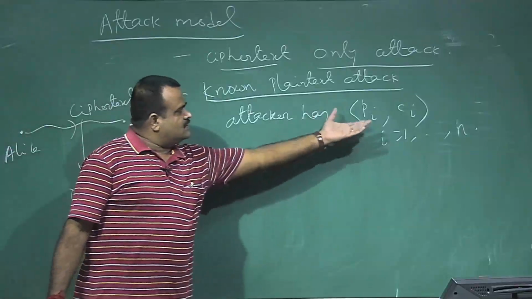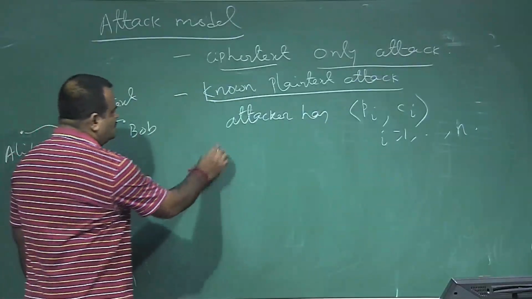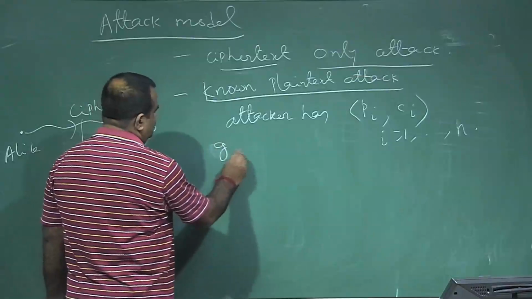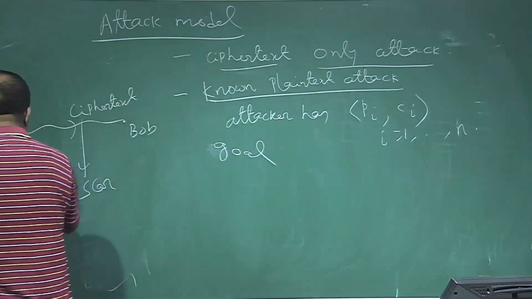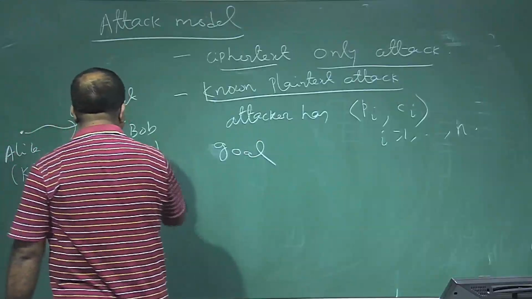So, they have given this plain text and ciphertext, and the goal of this attack is, so they are using a common key k. This is the symmetric key setup.